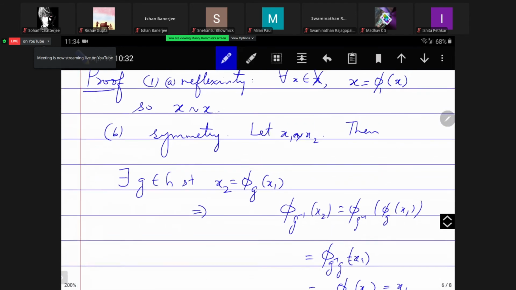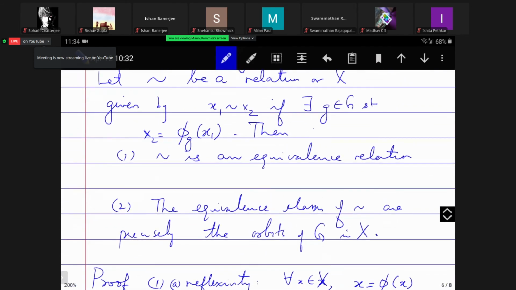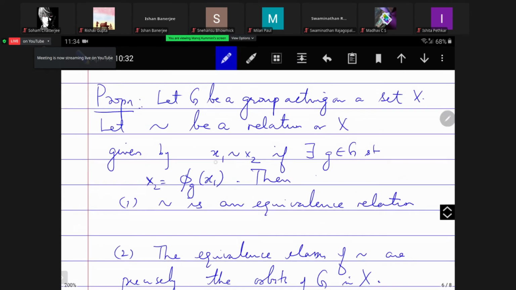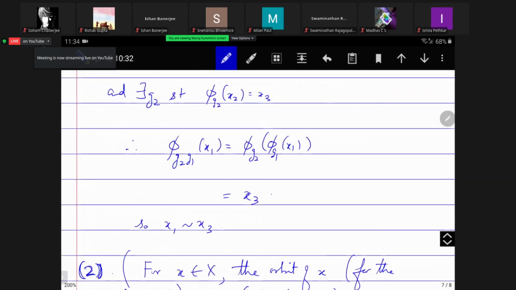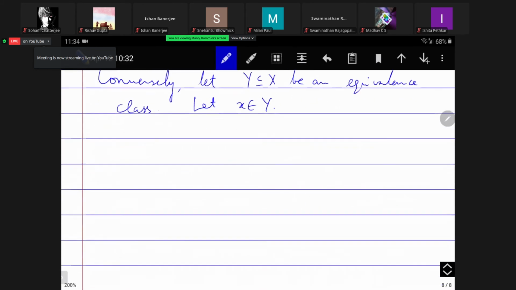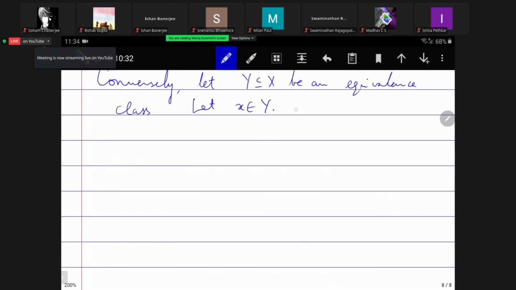For every little y in Y, the equivalence relation was this: two things are related if there is a g satisfying this. So for every y inside Y, there exists g inside G such that y is phi g of x.